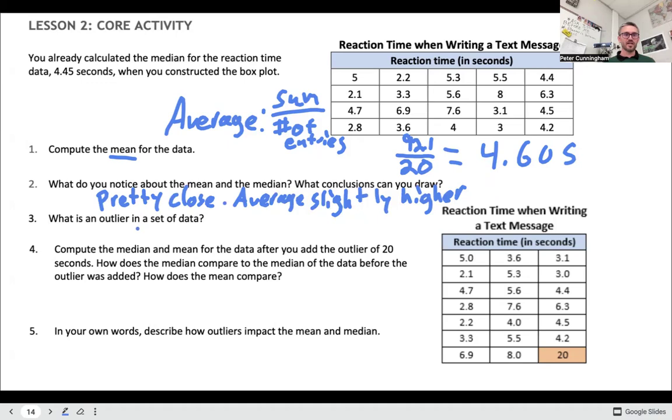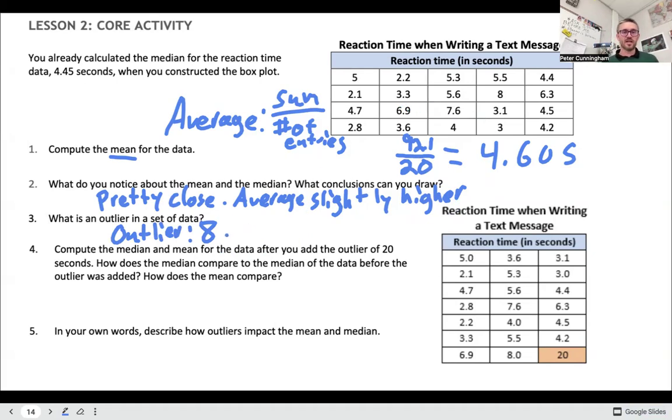What is an outlier in a set of data? So that 8. An outlier in a set of data is if something's extremely low or extremely high compared to what's going on. So the outlier here would be 8 because it's a lot higher than its closest counterpart, right? Whereas everything's kind of bunched together, 8 has a big spread to it.